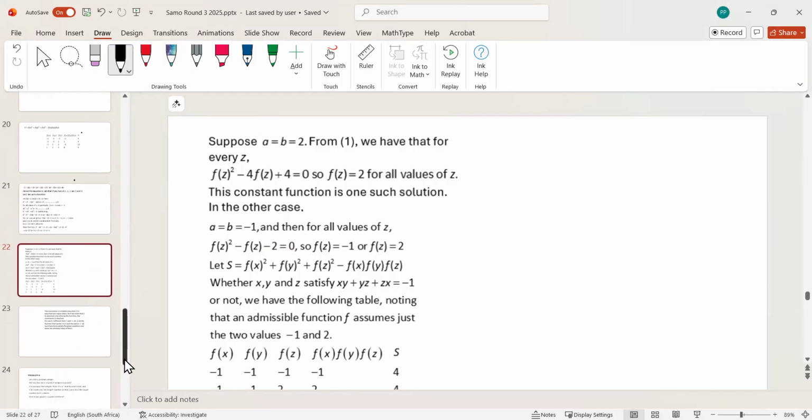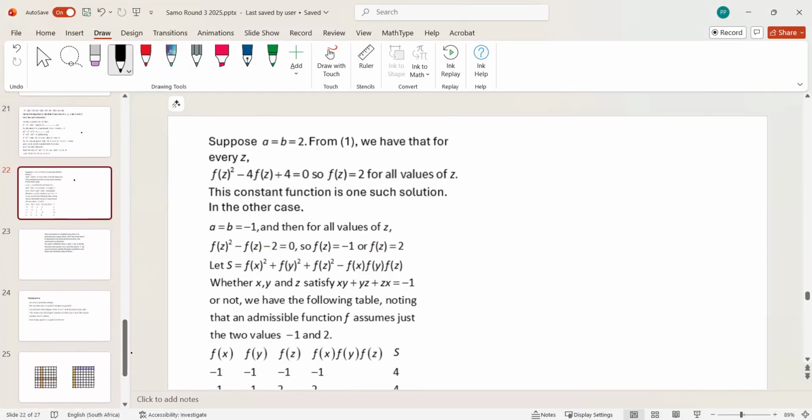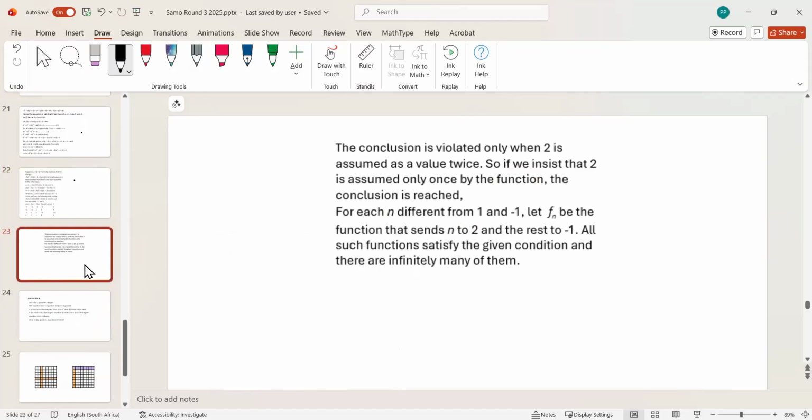The second page of the argument. Oh, I don't know, all these things got knocked out. It's on my screen, but it's not here. Anyway, you can do the calculations. And then I'll finally say how to construct the different functions. So right at the end, you can say for each n different from 1 and -1, let f_n be the function that sends n into 2, like 13 into 2, and the rest to -1. And all such functions satisfy the given condition.